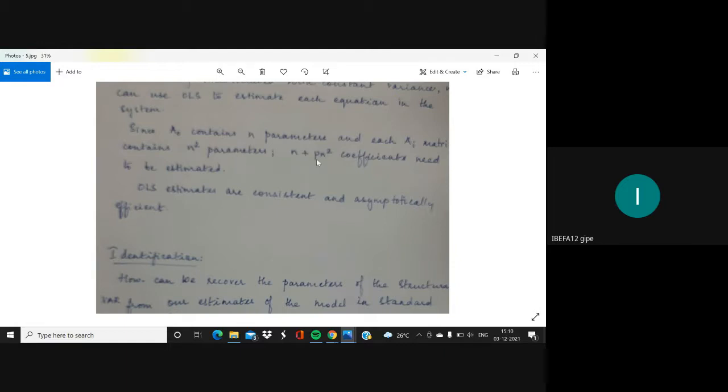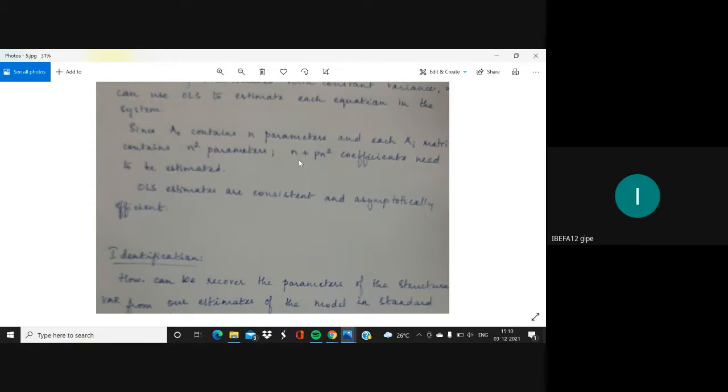And since you have p lags of your endogenous variables, there will be pn square such coefficients to estimate. So you have n coefficients, which are your intercept terms in each of the equations, plus you have pn square coefficients, which are associated with the lagged values of your time series variables. So together they make up a total of n plus pn square coefficients that need to be estimated.